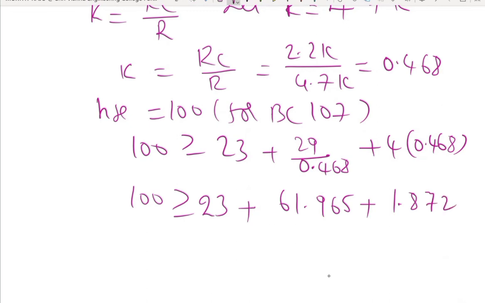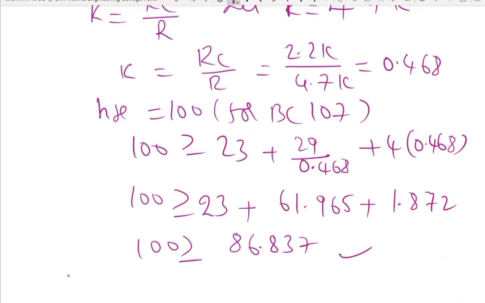By adding 1.87 plus 61.965 plus 23 is equal to 86.837. 100 is greater than 86.837. That condition is satisfied.